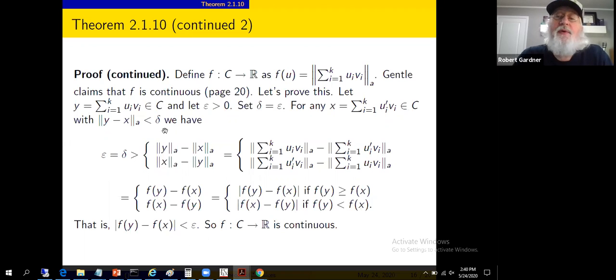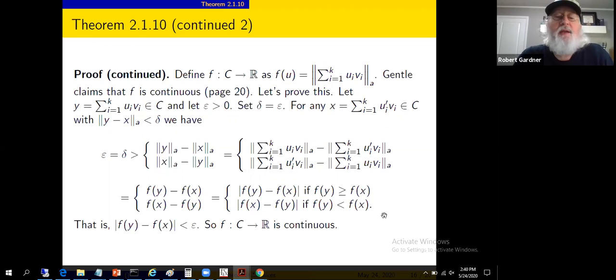So if we have y minus x within delta of each other, then we have f of y minus f of x within epsilon of each other, the distance from f of y to f of x. That's totally the epsilon delta definition of continuity. The setting is exotic. You measure distances differently because you're in different places. Other than that, it's just the calculus 1 definition of continuity.